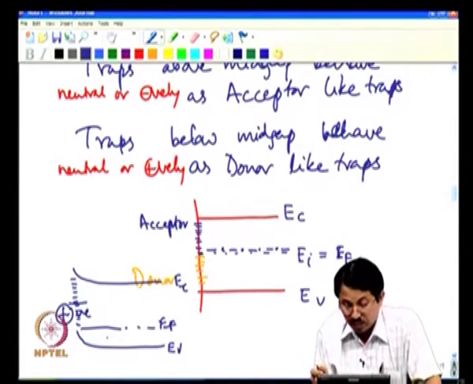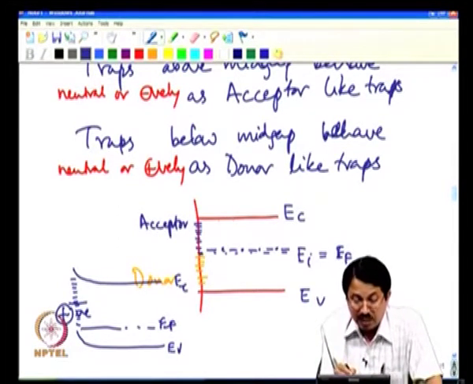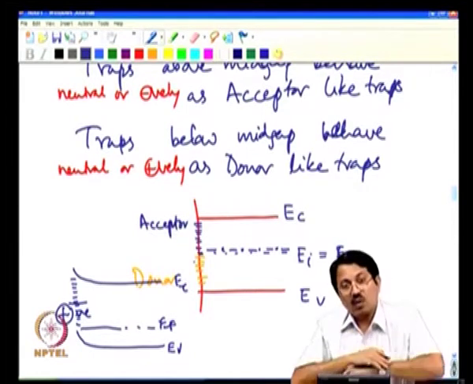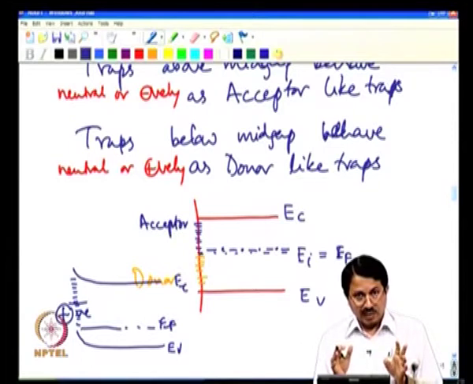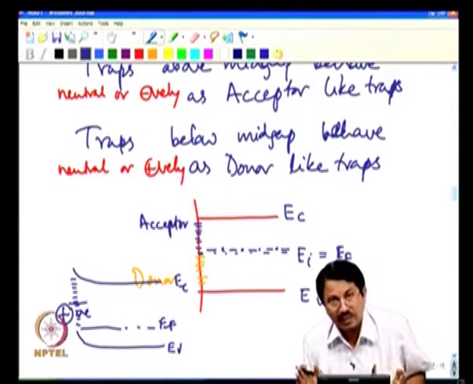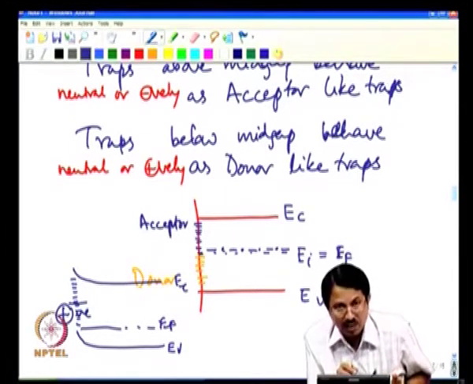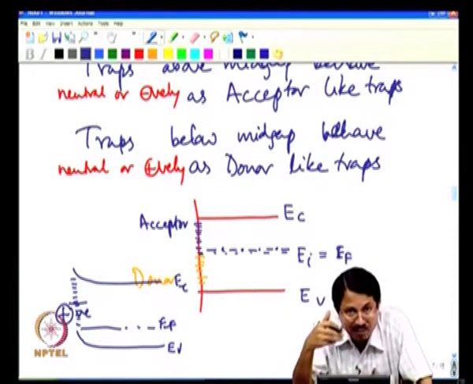Opposite thing happens in inversion. In inversion, the bands will start bending down, the donor-like traps are all filled now. Anyway, whenever they are filled, they do not give you any charge, but acceptor-like traps, as soon as they start getting filled, they start giving you a negative charge. Okay.